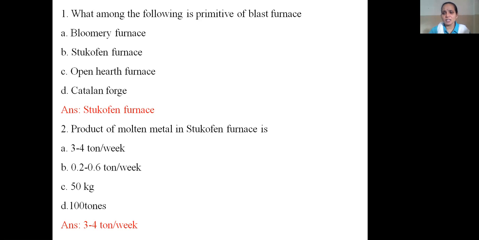It depends on the construction and the size of the furnace. The Stokofen furnace is around 3 to 4.5 meters high. If we increase the size and the internal volume of the furnace, obviously we can increase the production rate. And the product was known as pig iron.